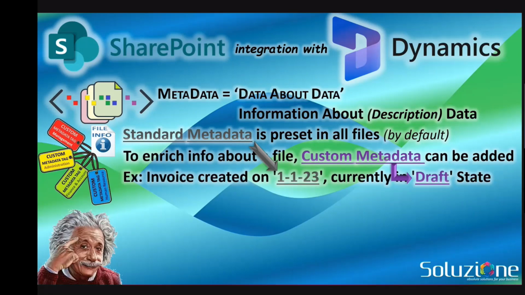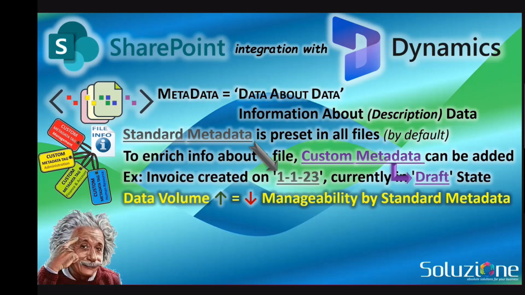Typically, when you don't have custom metadata attached to it, I have to open that file and identify what exactly those details are. As you can see on my screen, the date of creation is standard metadata, but the draft status is custom metadata.